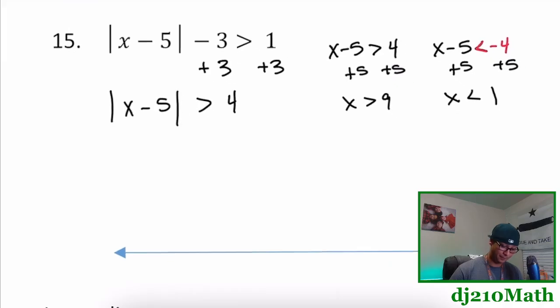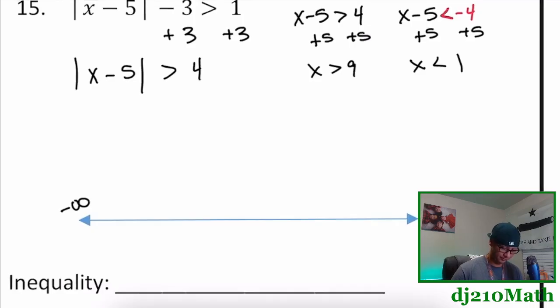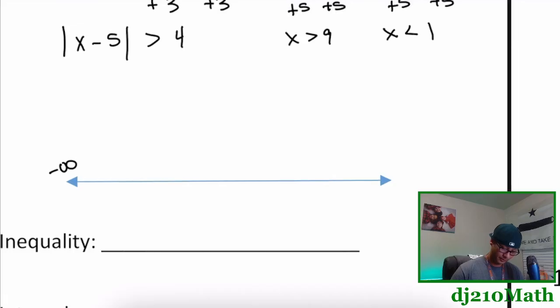Okay. To graph, this is negative infinity, positive infinity, and the 2 tick marks. 1 and 9. This is 1. This is 9. Okay.